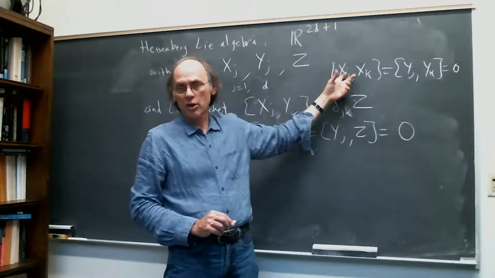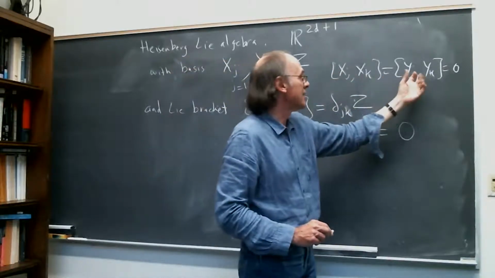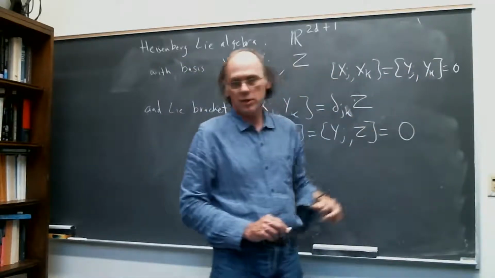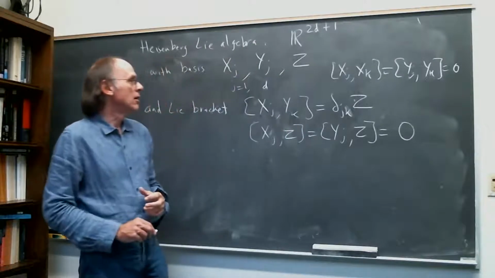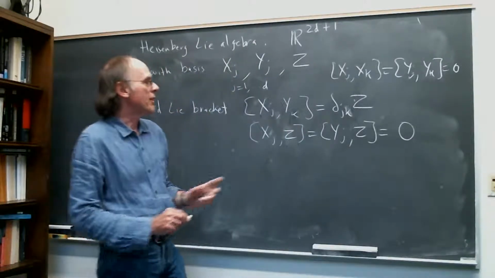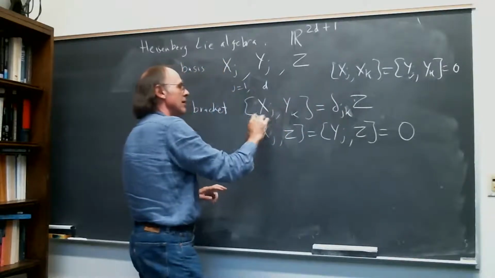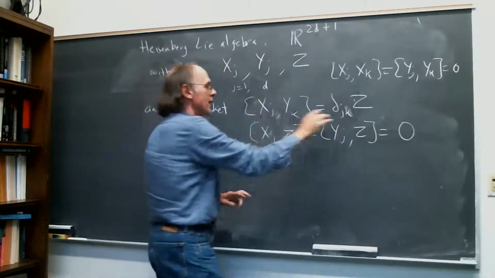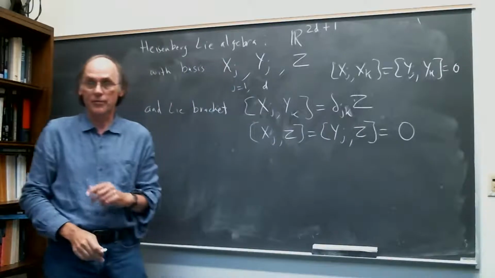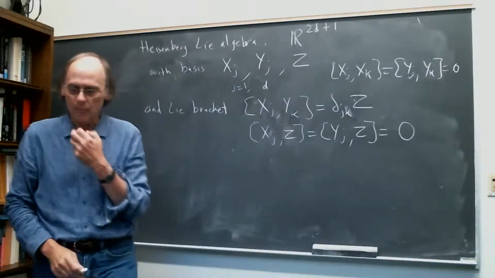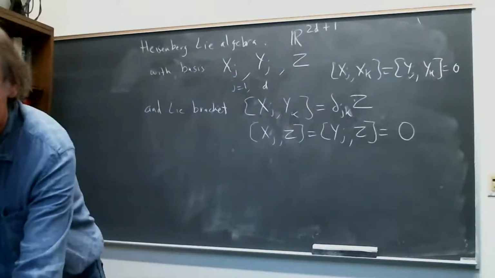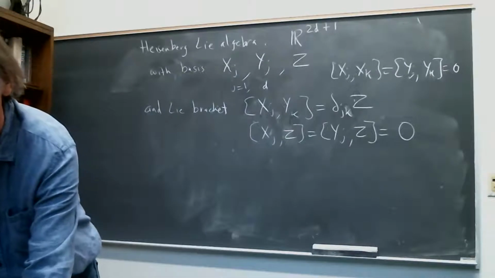That's your functions of your q's, or you can diagonalize the y's, and that's going to be functions of your p's. But you can't simultaneously diagonalize xj and yj because of this relation. Okay. So this is the Heisenberg Lie algebra.